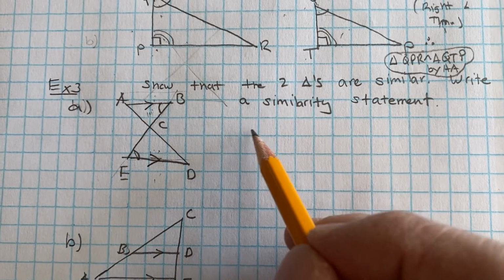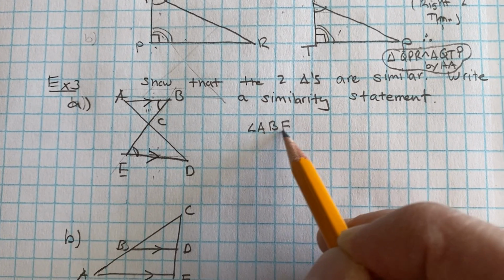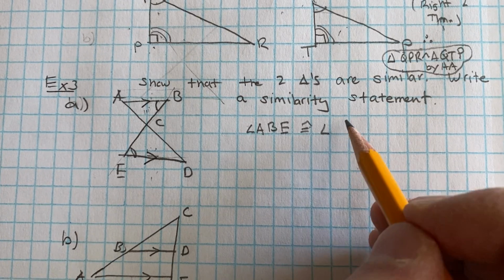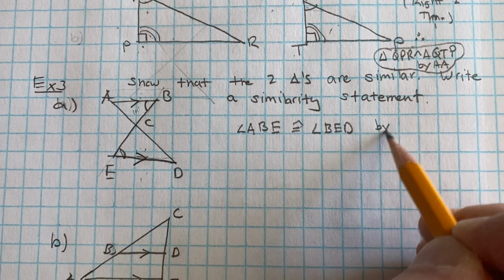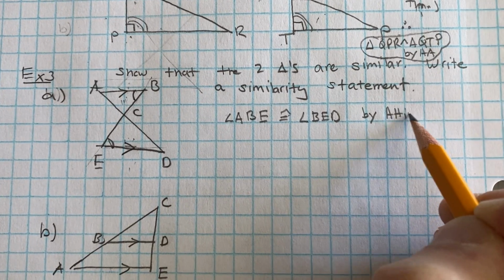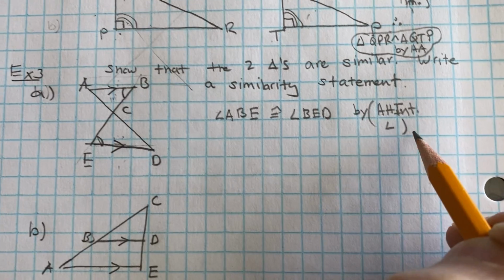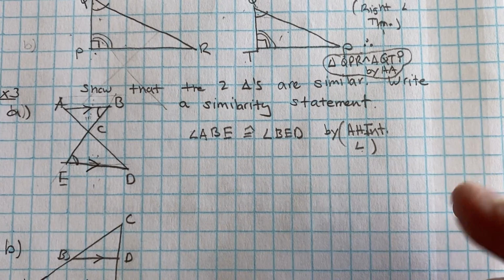Okay, so you can say angle ABE is congruent to angle BED. And you can say by alternate interior angles.